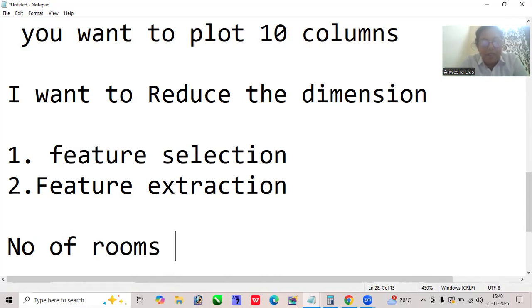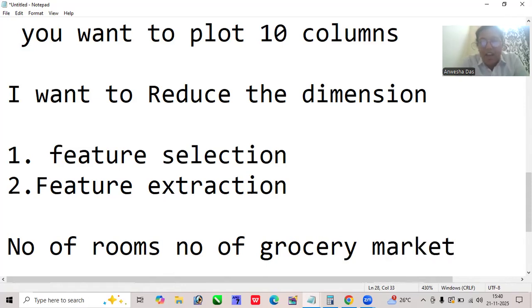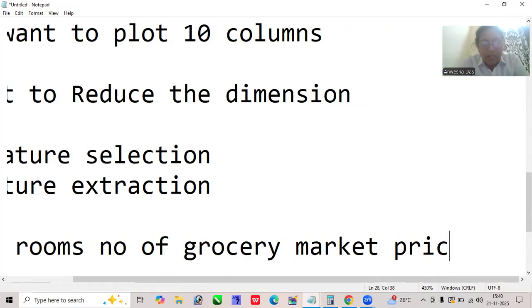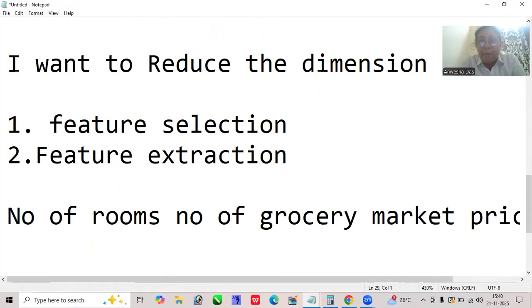I have some columns like the number of grocery markets near your house, and based on that I want to predict the price. Here, the number of grocery markets is not that impactful a column. The number of rooms actually depends on the house price prediction, but the number of grocery markets is not that impactful.